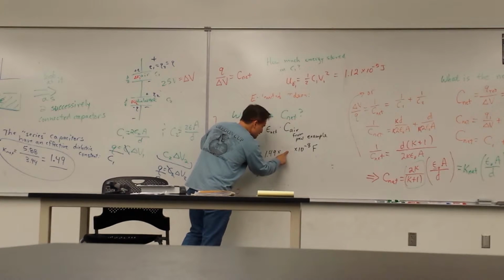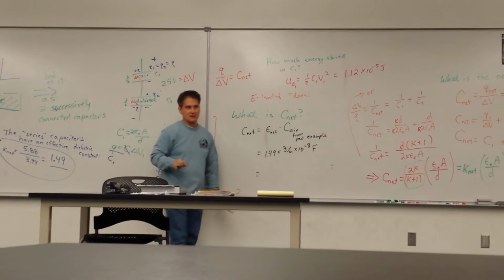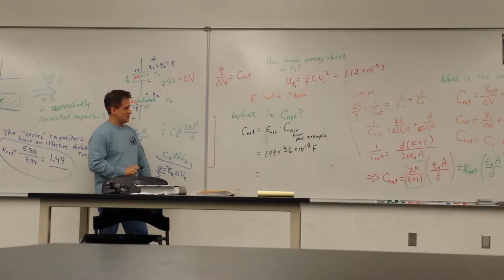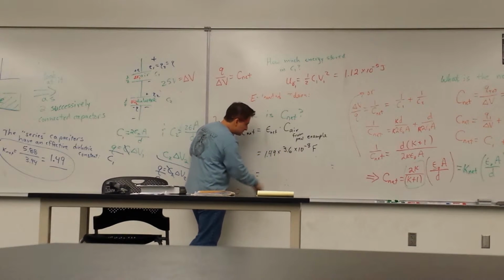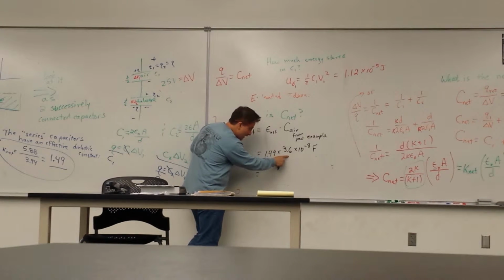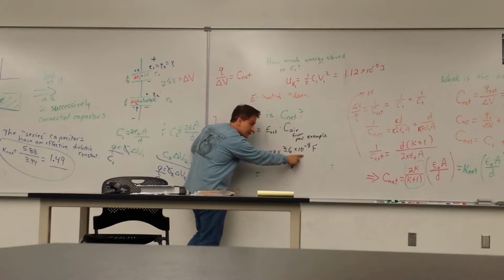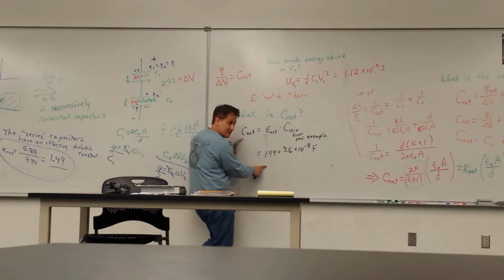Okay, so what was this number again? 3.6, wasn't it? Well, 1.5 times 3.6 is not going to be about 1.8. Is that what you had? No. What did you have written there a second ago? I don't remember what it was. 3.6. This is going to be about 5.4 times 10 to the negative 8, as written.